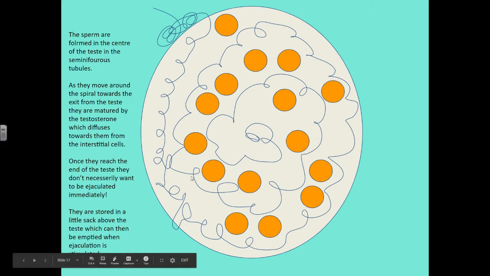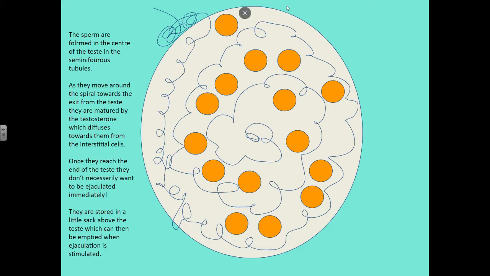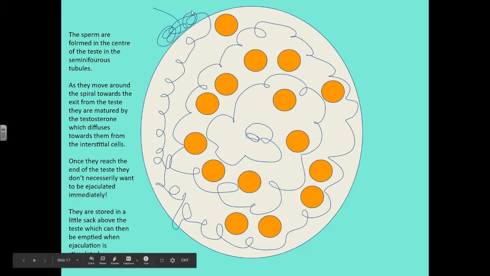So this, unfortunately, covered thing is the testes. When they get to here, they will be stored in this sac. It's called the epididymis. It's, again, not part of the course, but I think it's an interesting thing to know. So above the testes is a kind of crenulated, weird, squishy sac, and that stores the sperm that have been matured and produced in the testes, but are not yet ready for ejaculation.